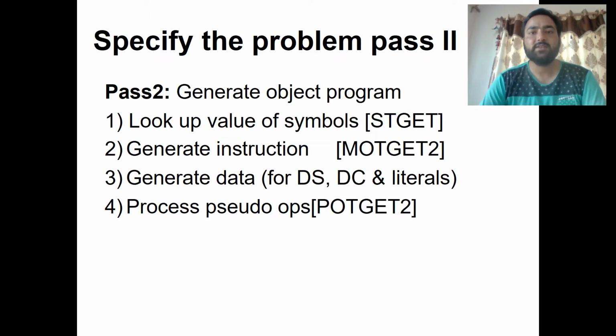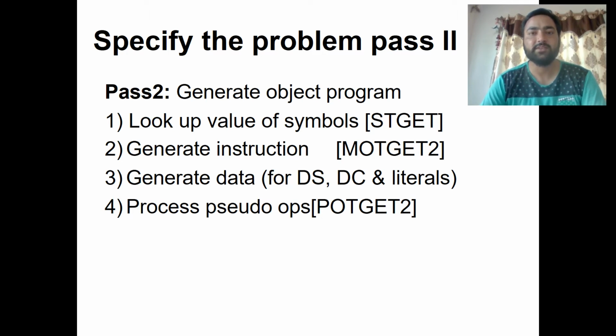The second one is to specify the problem. In this, we generate the object program, looking up values of symbol tables through the STGET function. Then we generate the instructions through the MOT get instructions.